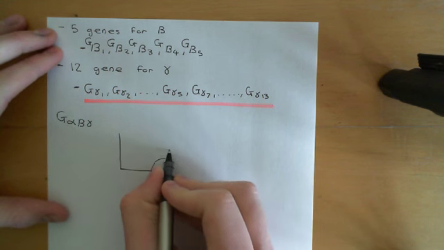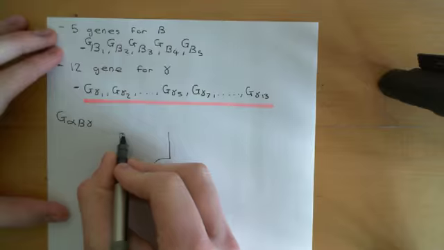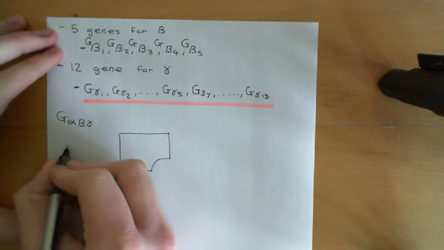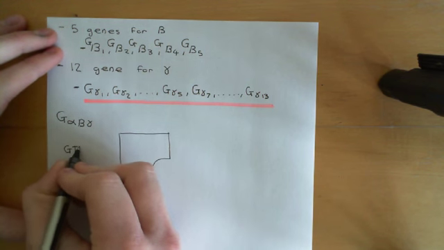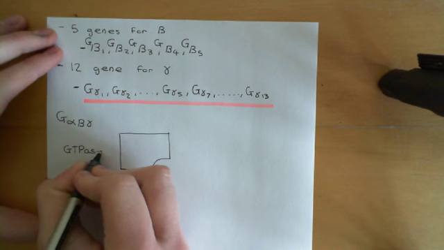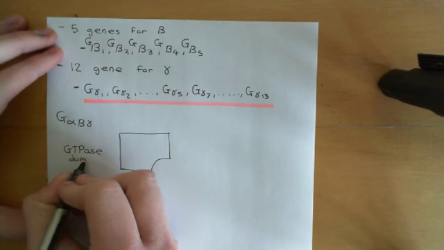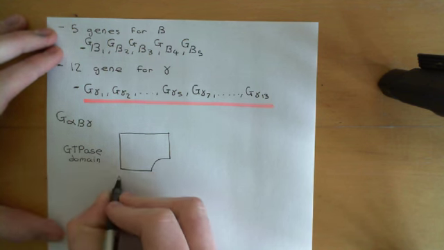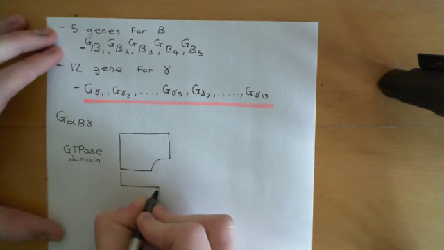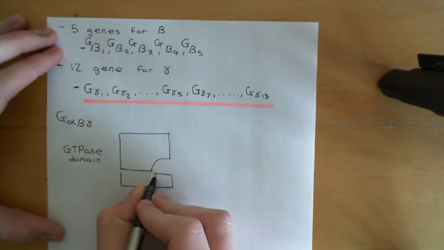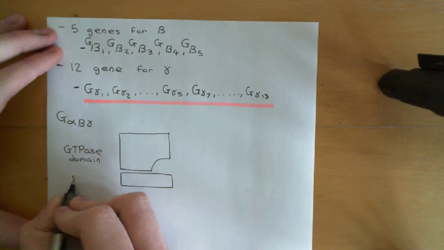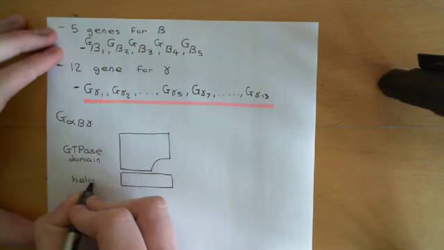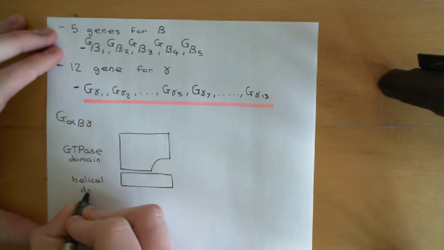A domain known as the GTPase domain, which is this first domain that I'm drawing up here. So this big domain here is the GTPase domain, and then a smaller domain below here, which is known as the helical domain. So this portion is called the helical domain.